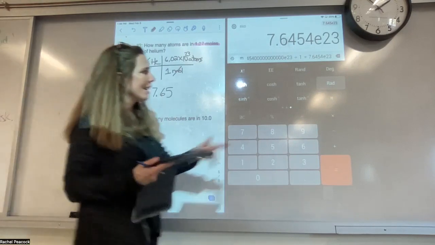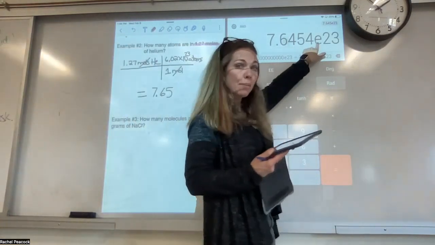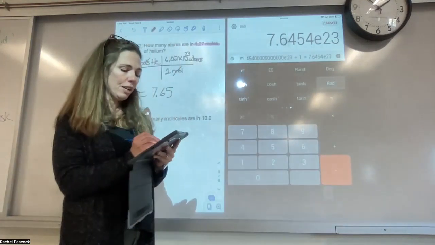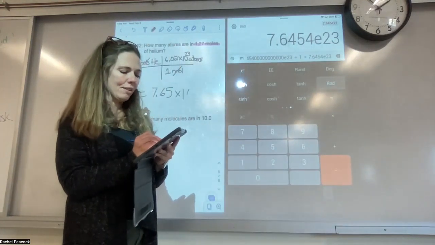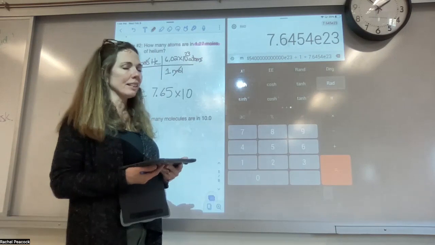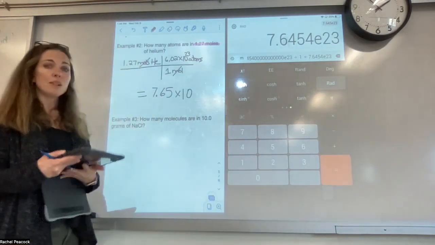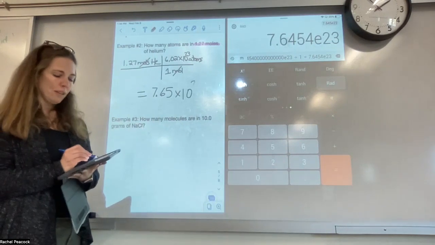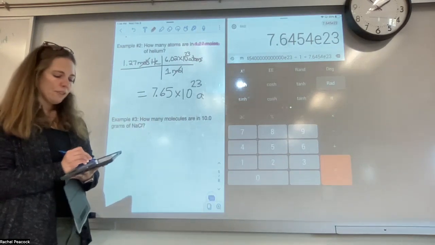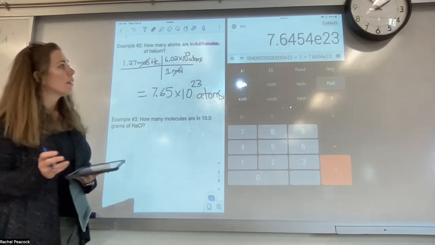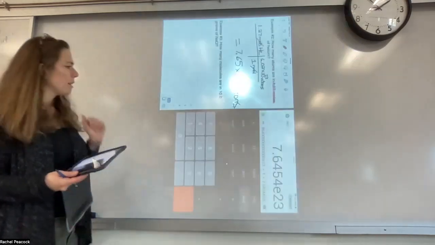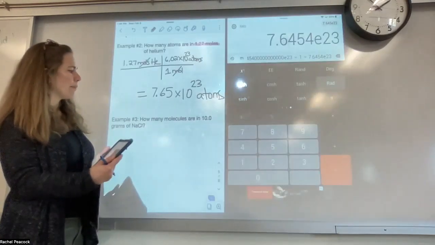That E means times 10. So you're going to write times 10. Do not write E. That's calculator speak. You're a human. You're not talking like a calculator. And then what's your exponent? 23. So that's how many atoms are in 1.27 moles, sorry, of helium.